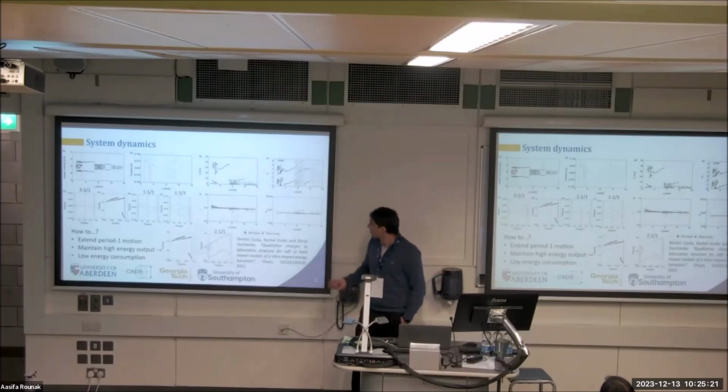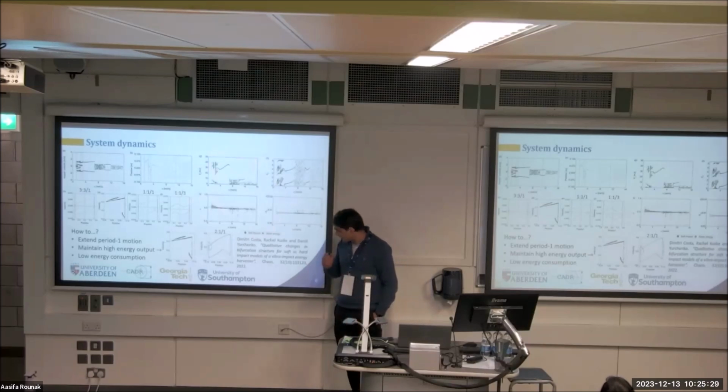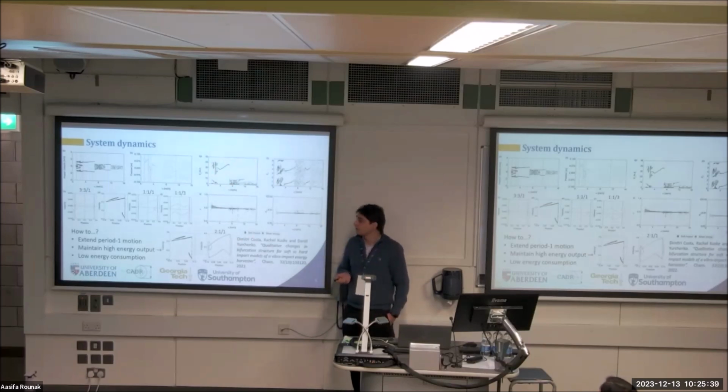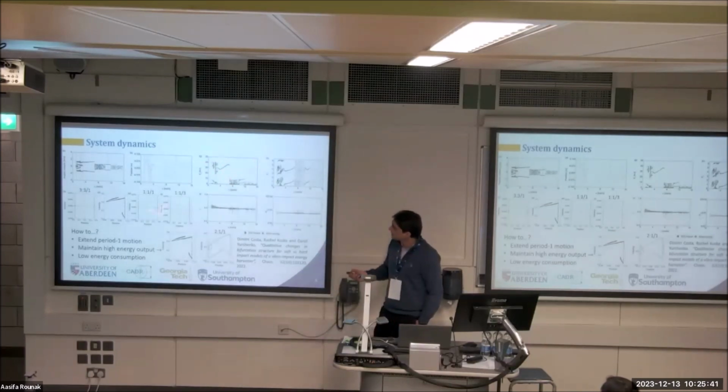So I won't talk much about the dynamics of the systems because we already have a lot of talks about that. But what I want you to be aware of here is that you have this very efficient energy generation at this period 1-1 motion, which is depicted here.